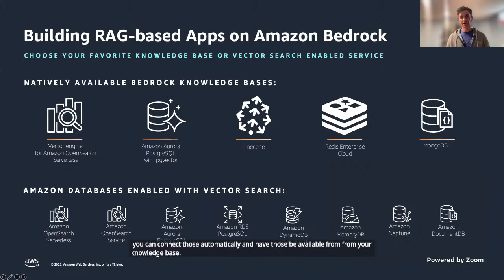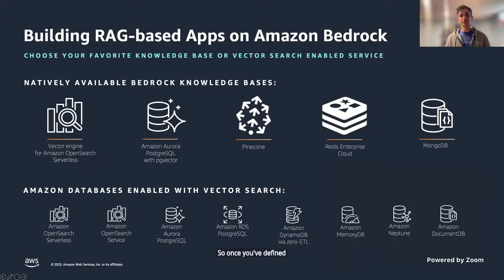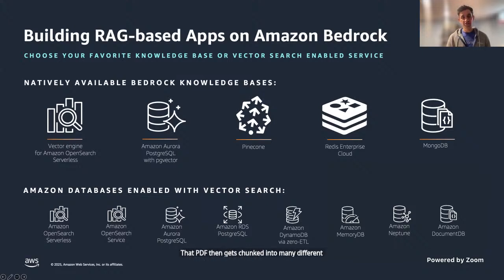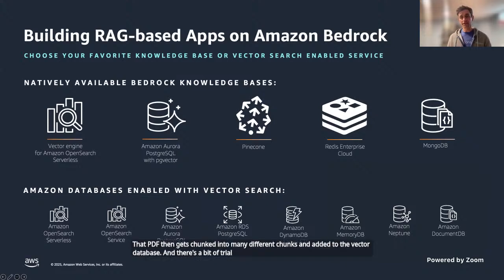So once you've defined what your vector store is and what your data source is, then you need to define the chunking strategy. This is where the data itself, so if we go back to that PDF example, that PDF gets chunked into many different chunks and added to the vector database. There's a bit of trial and error with figuring out the right chunking strategy.